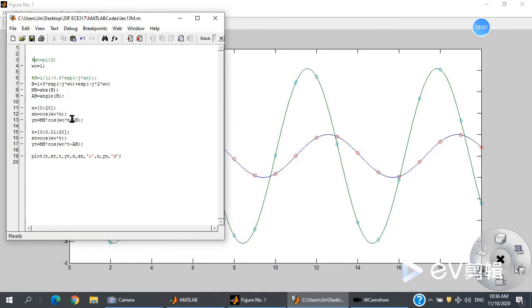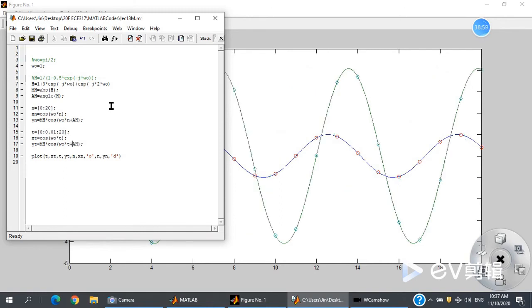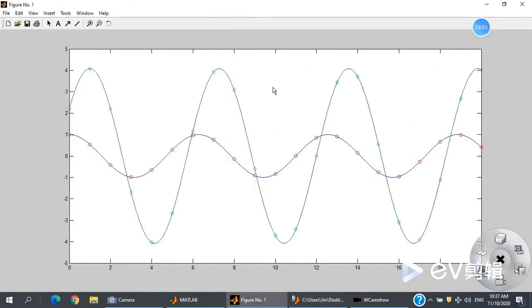Angle at, oh, here's plus. Sorry, it should be plus. Yeah, now it's good. This time is good. The peak value here is at 0, right? You see the first point.